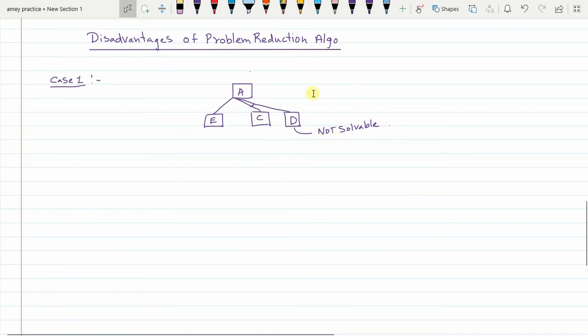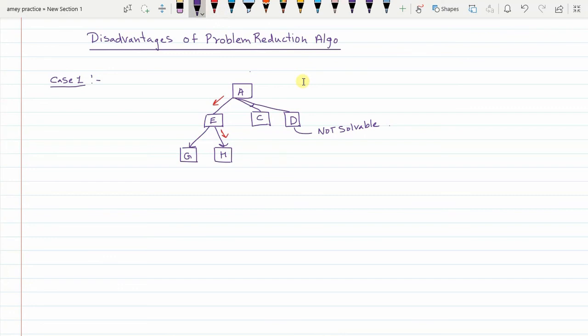So now let's begin. Assume that the problem reduction algorithm chooses this particular path. It chooses node E for expansion based on the calculations. Then when E is expanded, suppose E has two child nodes, one is G and the other one is H. Again, based on the calculation, suppose the problem reduction algorithm decides to expand H further.